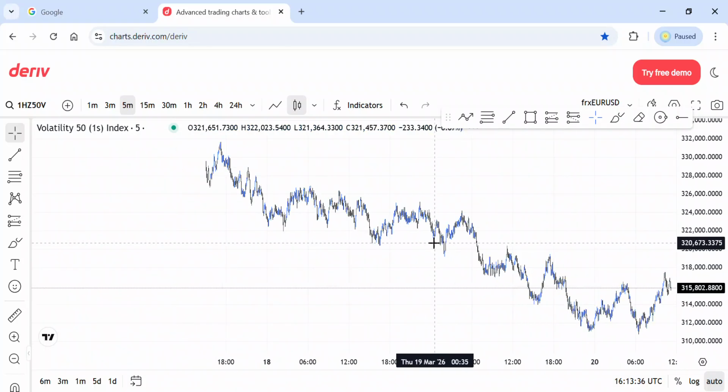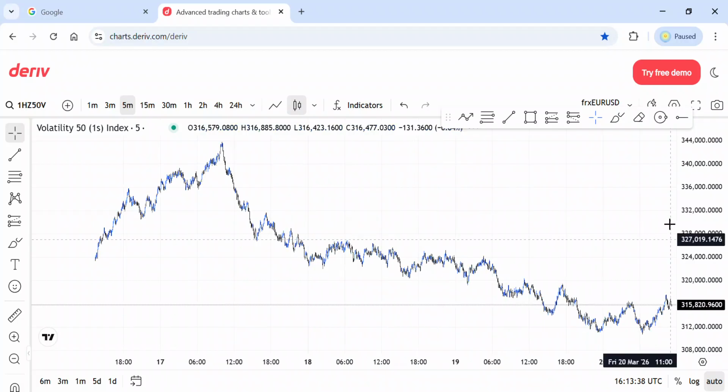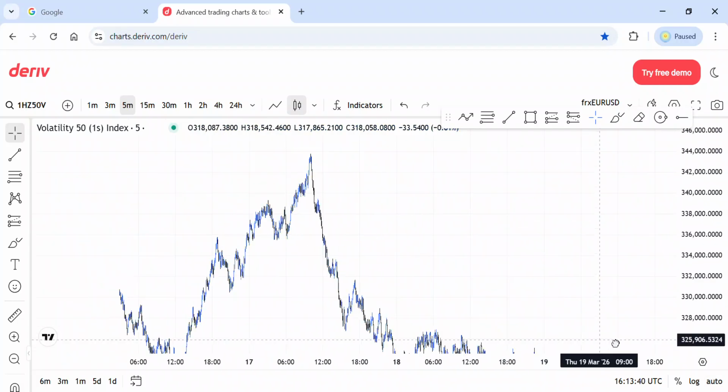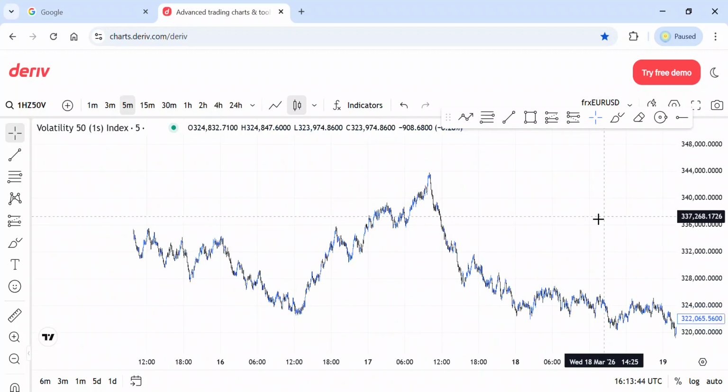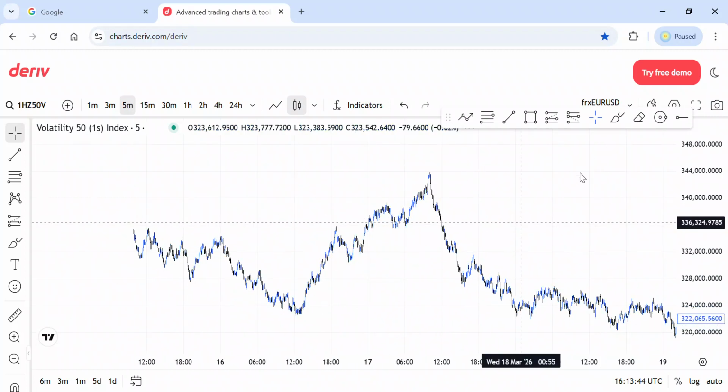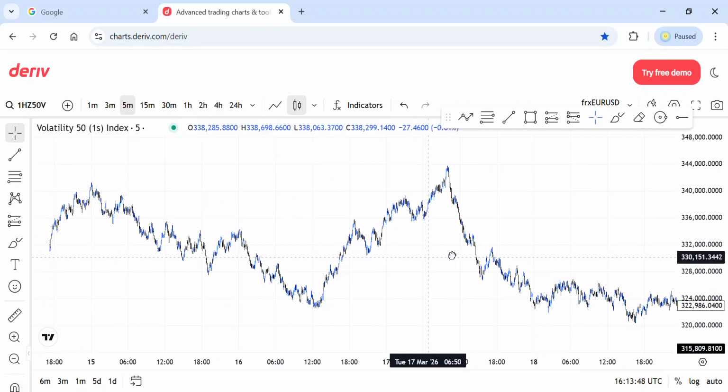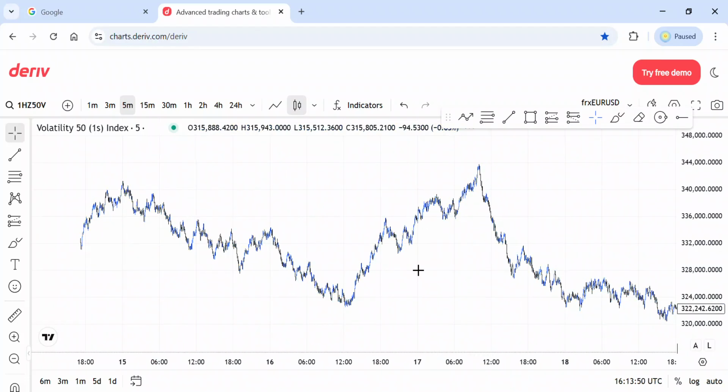Okay, so as you can see, it is very, very clear here. Let's go to where market changes trend reversal. Okay, we're talking about trend reversal here.